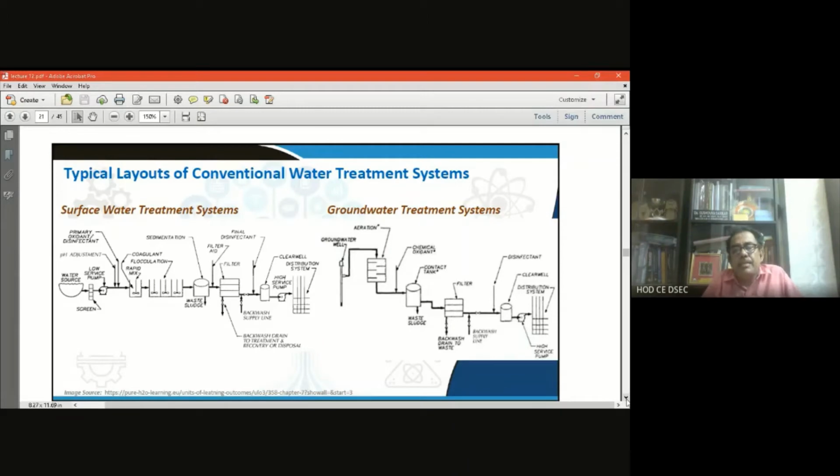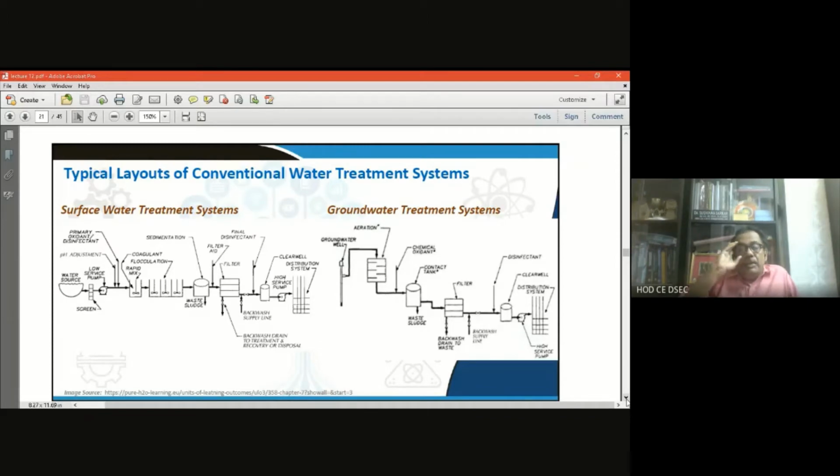After the filtration process, I have shown how the backwash system is maintained for operation of the filter in this treatment unit. Then the disinfectant is added, either chlorine or ozone for disinfection purpose, and finally the water is pumped to the distribution pipeline for the end user system. So this is more or less a typical flow chart. I am giving an idea how the water is treated.